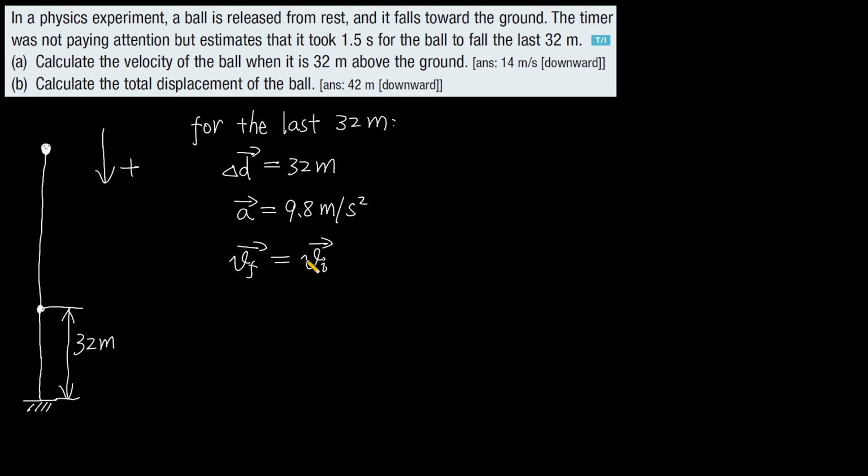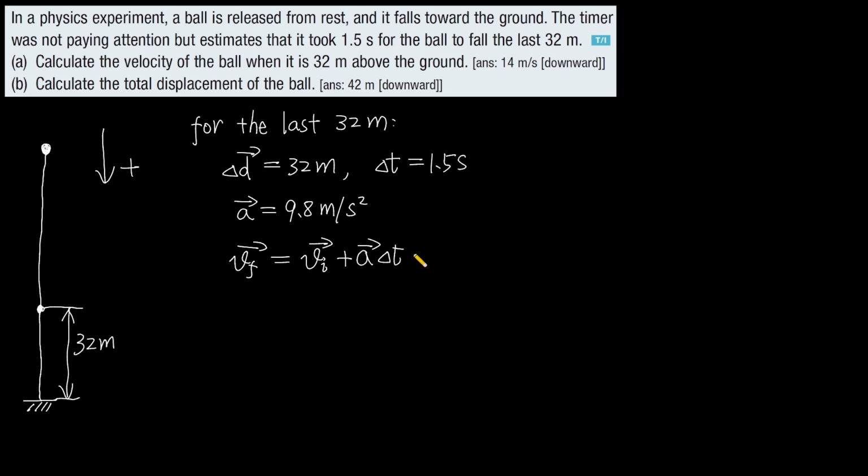So the final velocity equals the initial velocity plus the acceleration multiplied by the time interval delta t for the last 32 meters. So for the last 32 meters, the time interval is 1.5 seconds.